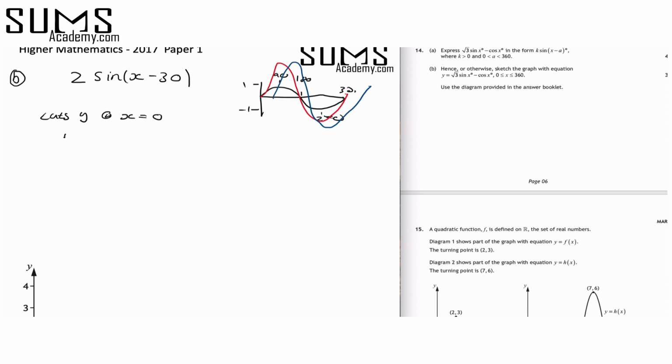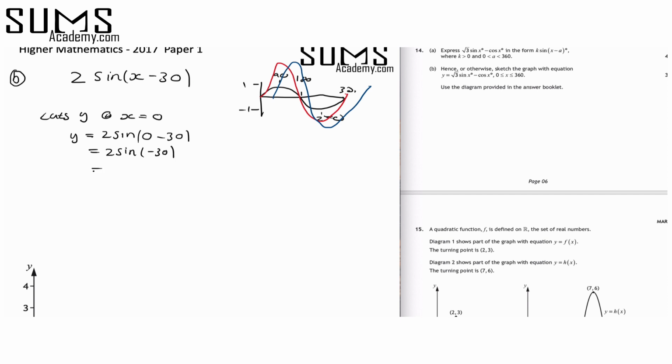So y equals 2 sine (0 minus 30). So this equals 2 sine of -30.